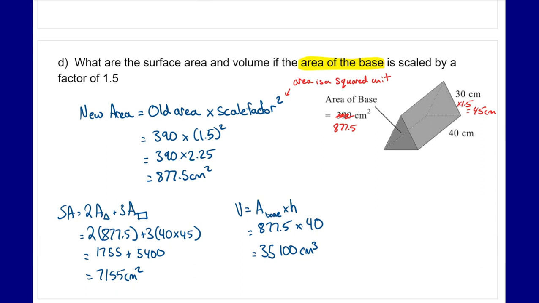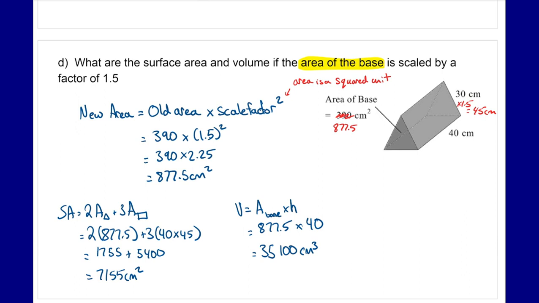So that's what happens when we scale something by a factor. If it's just a length, one-dimensional, we just multiply it by the value, like if we were to double or triple something. If we're dealing with a squared unit, like area, we have to put it to the power of 2, so that's why it's 1.5 to the power of 2.